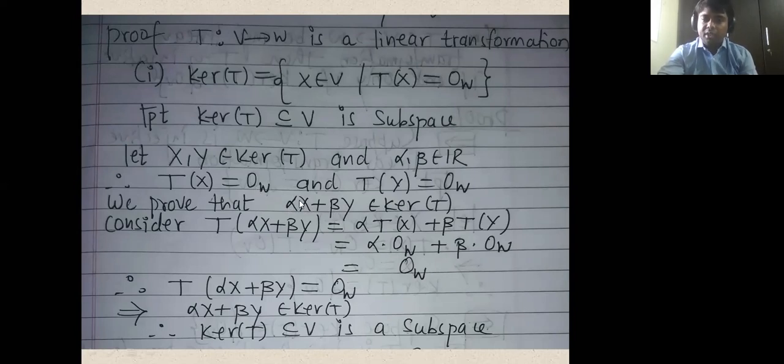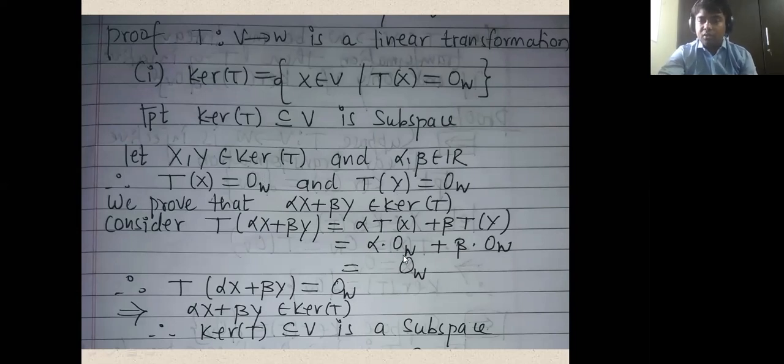So we'll find out the T value of the vector alpha x plus beta y. Consider T of alpha x plus beta y. Since T is a linear transformation, we can split this and write it as alpha times T of x plus beta times T of y. But x and y are vectors inside the kernel, so their images are 0.